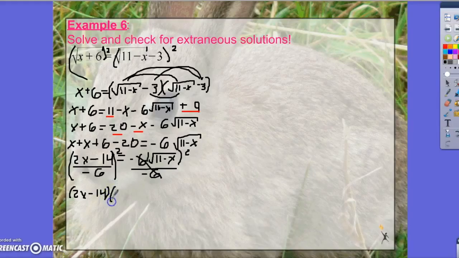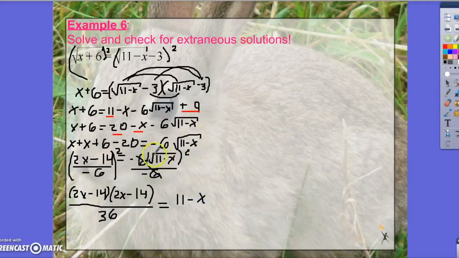Twice. FOIL it again. And don't forget we're squaring the bottom. Negative 6 squared is a positive 36. Finally, the right-hand side is just 11 minus x. How come?